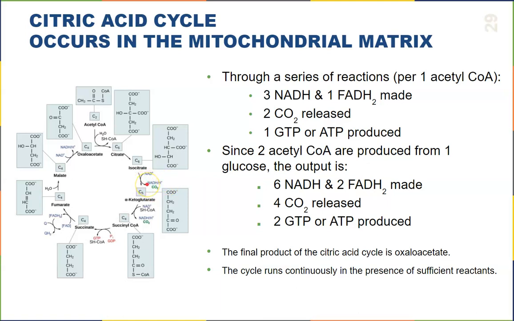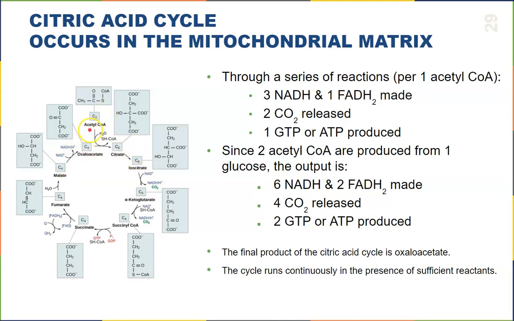An electron carrier. Here we're making it again. And then we're making something called GTP or ATP. Most of the time it's going to be ATP. And then we are going to create FADH2, which is an electron carrier. And then we make NADH here.